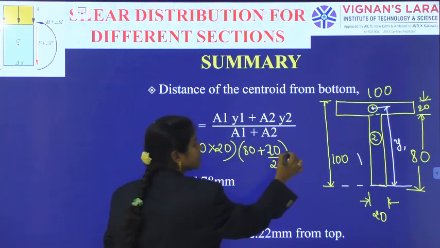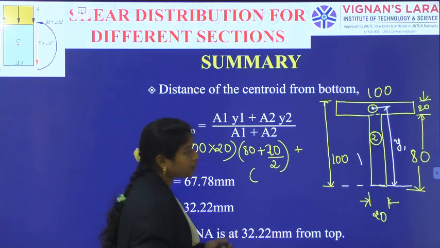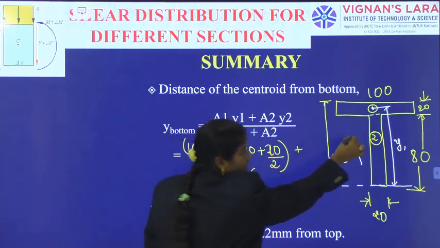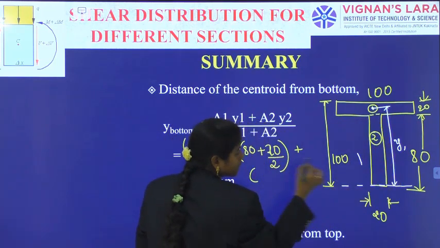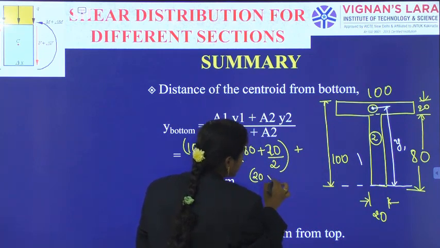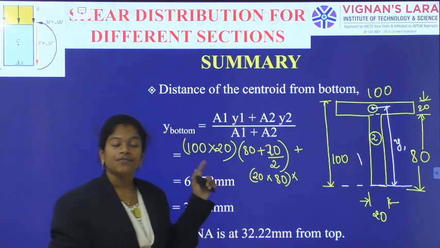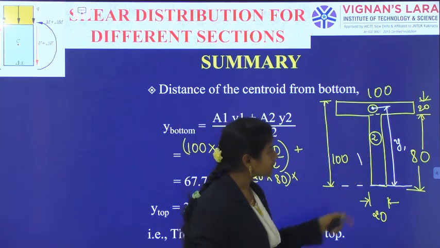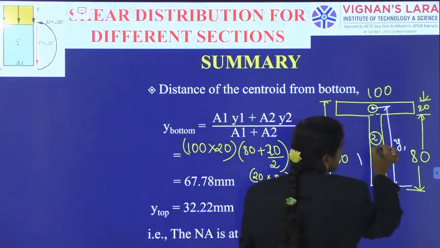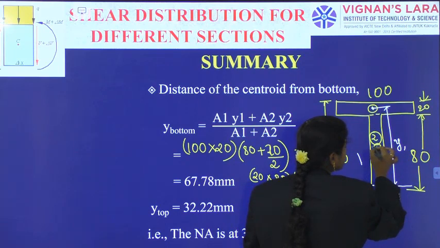So A1 y1 and then A2 y2. What is A2? A2 is the second segment's area, with a width of 20 and a height of 80. Again, where is the centroid located for this section? As the section is like this, the centroid may be here.